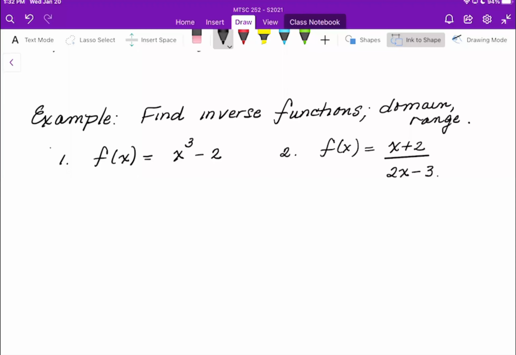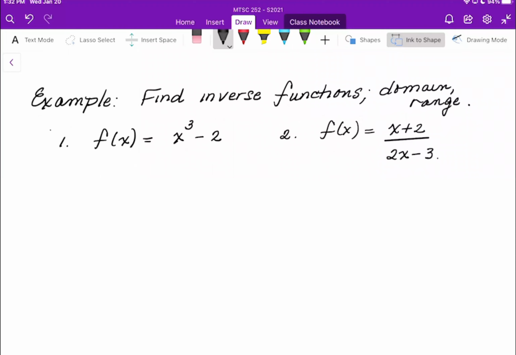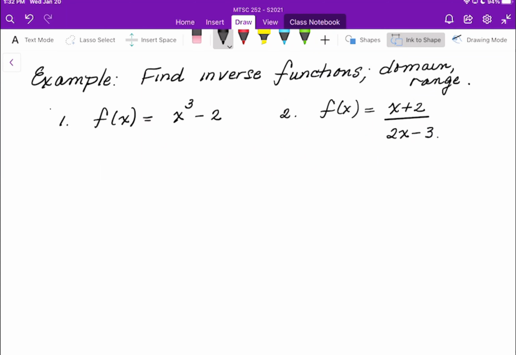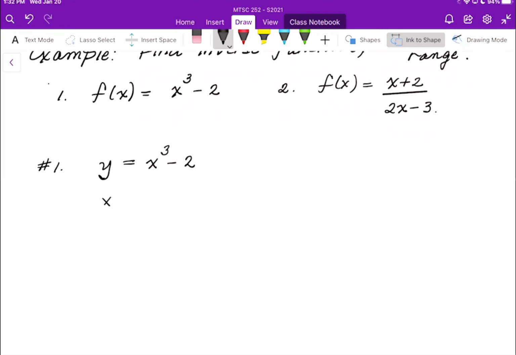Okay. Anybody want to start talking me through the first one? Well, we replace f of x with y. Okay, that's right. So in the first one, we start off with y is equal to x cubed minus 2. Good. And then we switch x and y. Okay, what do we do next?